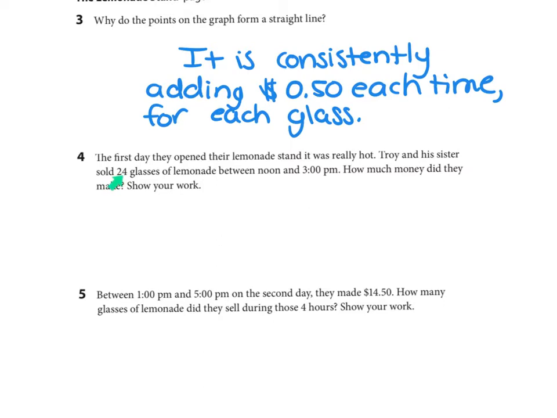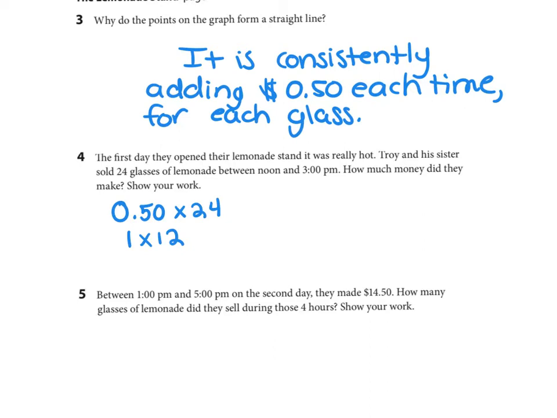They sold 24. If you were to look back at your previous table, it only goes up to 10, but I know that each glass of lemonade costs 50 cents, so I would need to take 50 cents times 24, which is the same as thinking $1 times 12. 50 cents is half of 1.